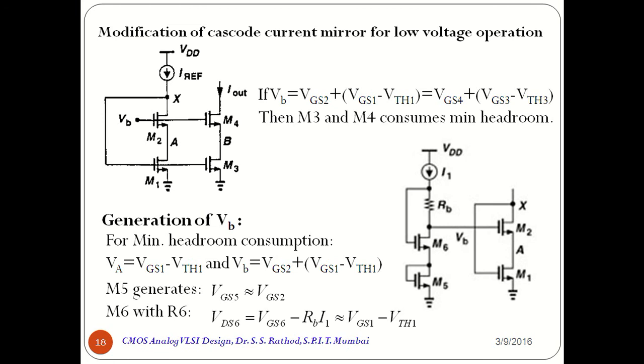Some inaccuracies will arise because M5 does not suffer from the body effect, whereas M2 does. Also, the magnitude of RB and I1 is not well controlled. However, this is the low voltage operation of the cascode current mirror circuits.